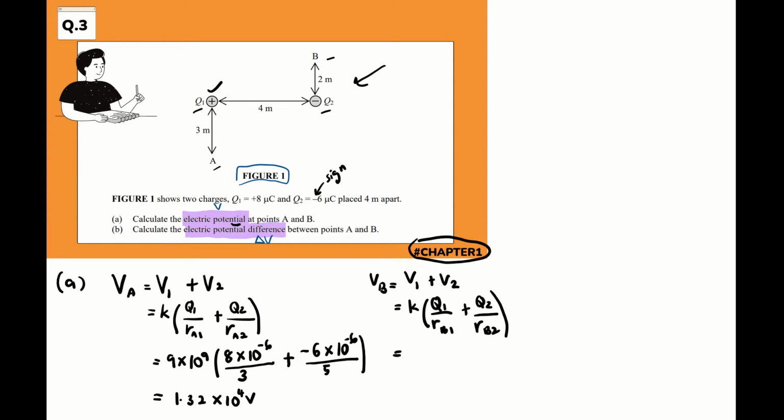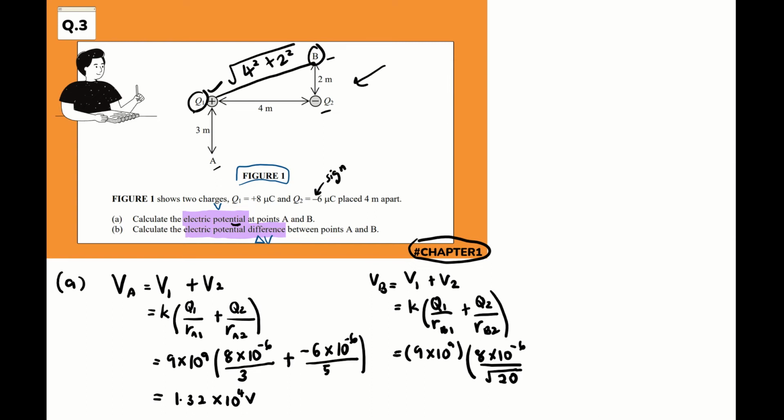And again, we substitute the values. 10 to 9. So 8 times 10 to negative 6 over, this time our distance is a square root. Basically we want to find the distance from charge number 1 to point B. So it's supposed to be square root of 4 squared plus 2 squared, which is equal to square root 20.